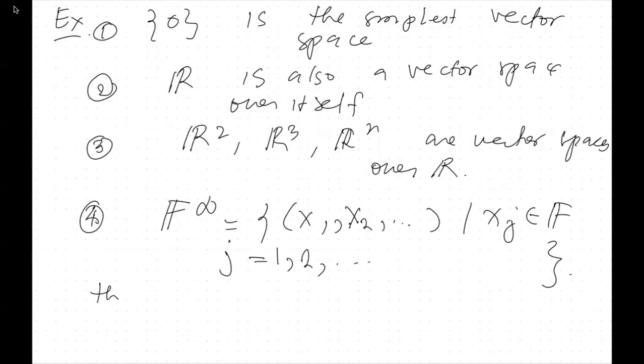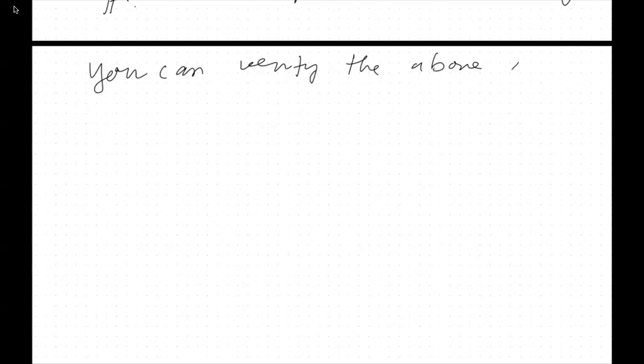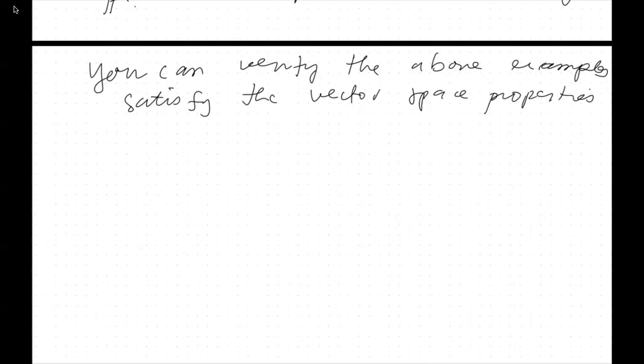So this is the set of sequences of elements of our field F. Of course, we can verify the above examples satisfy the vector space properties.